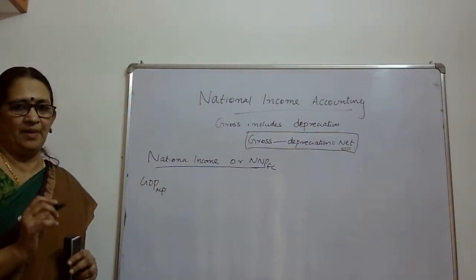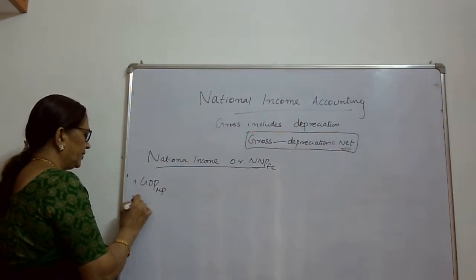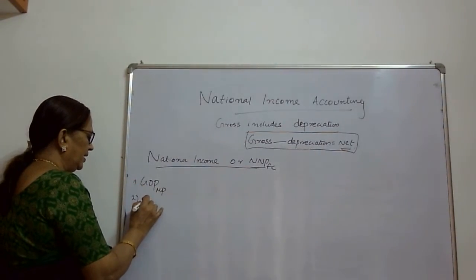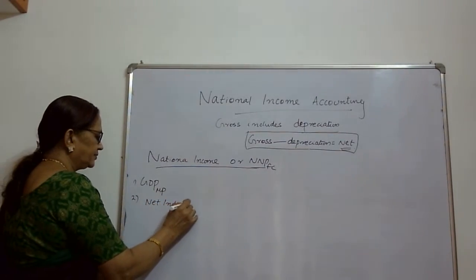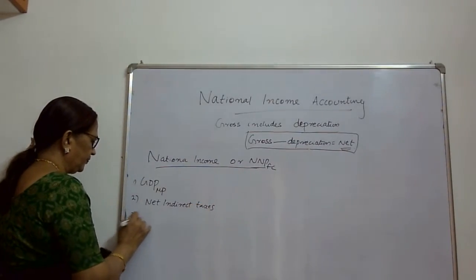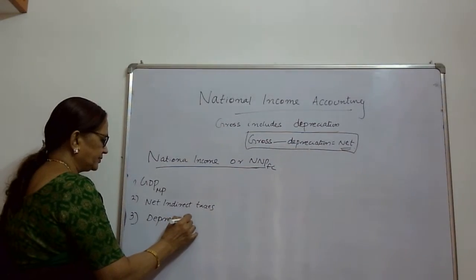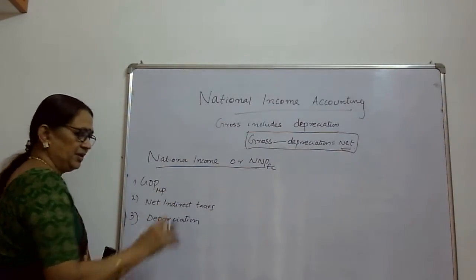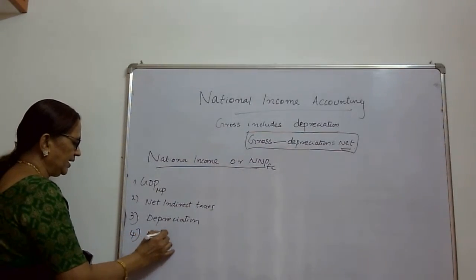If GDP at market price is given, then net indirect tax is given, depreciation is given as money value. All these are given as money value. Then NFIA is given.